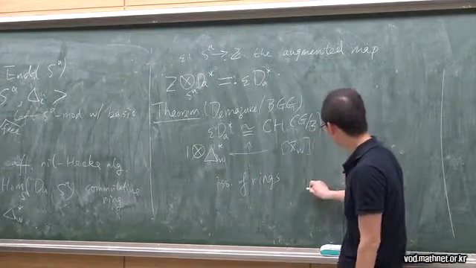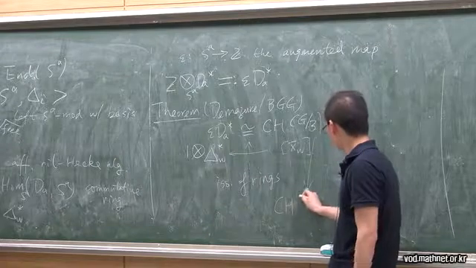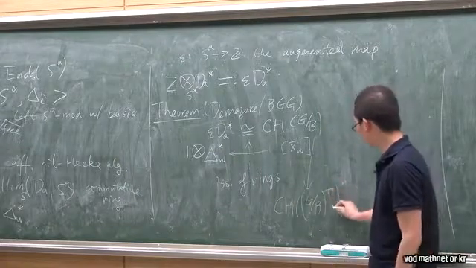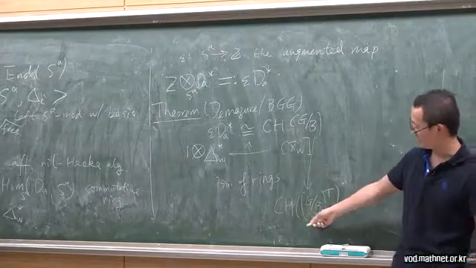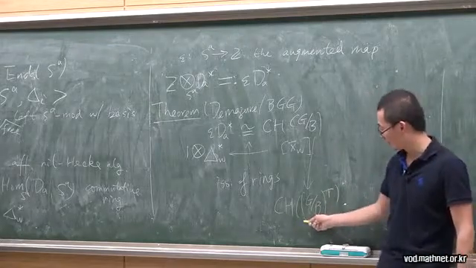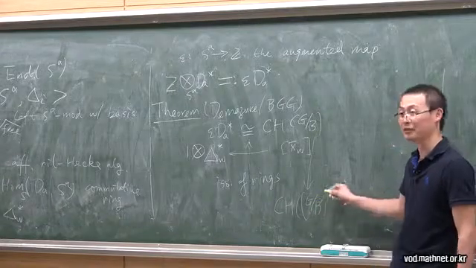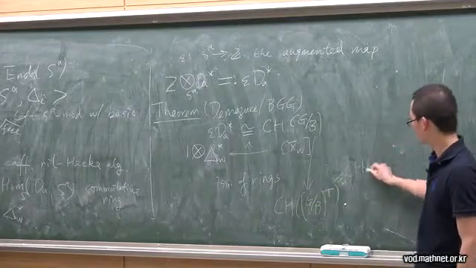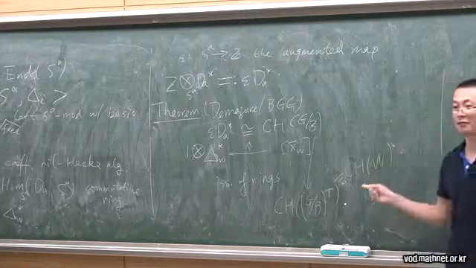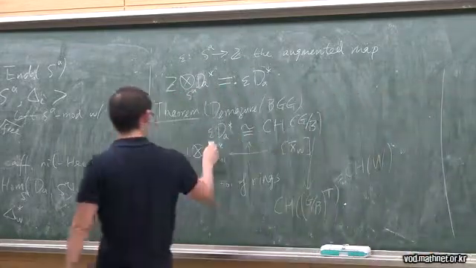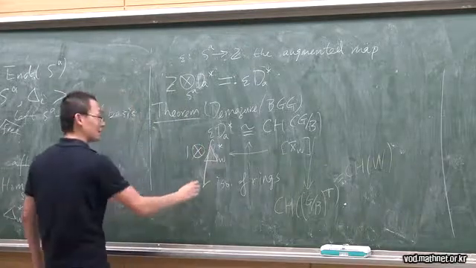Basically, you embed this into a group of, you consider T fixed points. Actually, the T fixed points in this variety are precisely indexed by the Weyl group. Actually, this is the same as the Weyl group. The Weyl group is a discrete set, so this is a discrete set. And this one is also embedded into something similar.